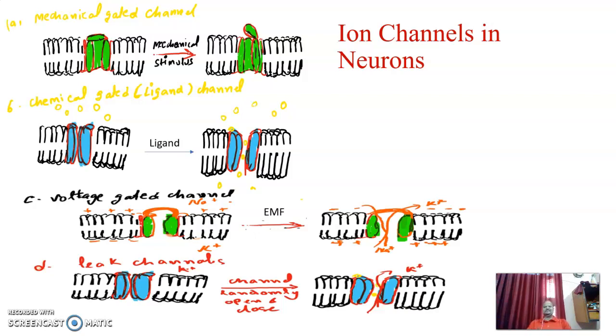One is the resting state, where the inactivation channel is open and the activation channel is closed. In the activation state, both the channels are open, and the third state is the inactivation state, where both the channels are closed.